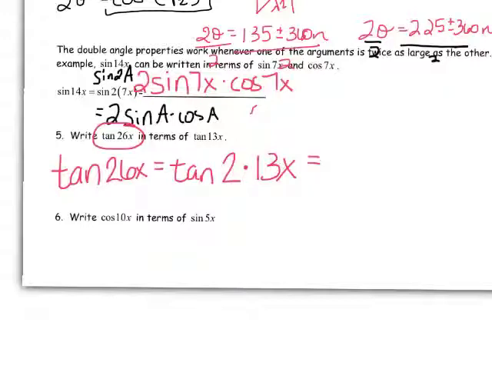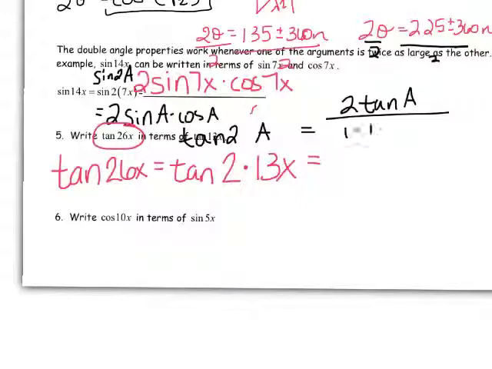Looking at your formula chart, tangent of 2a equals 2 tan a over 1 minus tan squared a. If you're wondering why I'm not doing sine over cosine, it's because it told me to write it in terms of tangent 13x. It wants tangent still, so I'm just doing what it tells me to do.